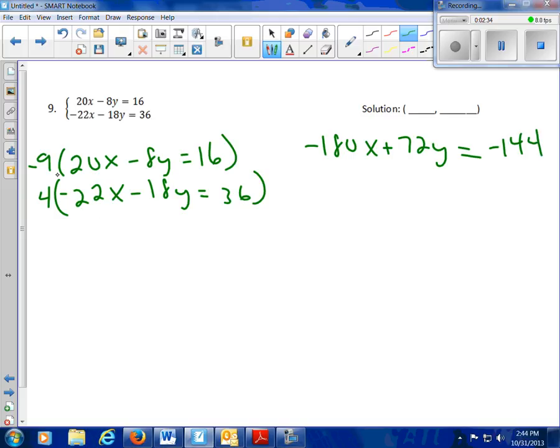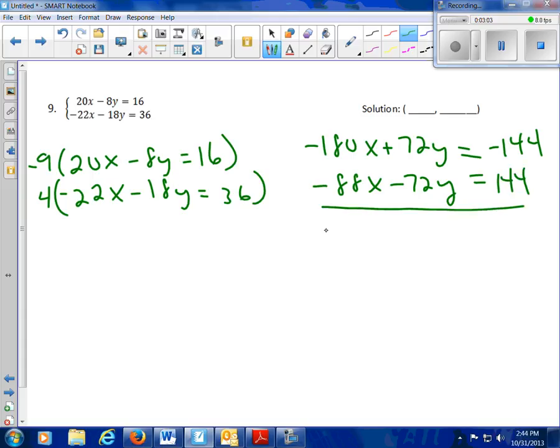So after I'm done multiplying the first equation, let me multiply the last equation. 4 times negative 22 is going to give me negative 88x. 4 times negative 18 is going to give me negative 72y. And that equals 4 times 36, and 4 times 36 is 144.